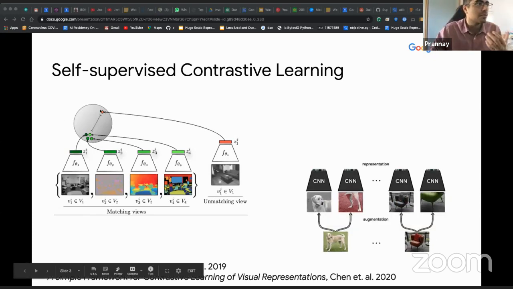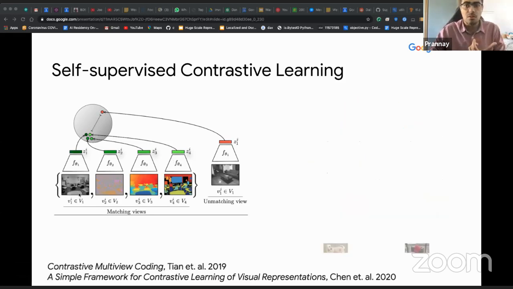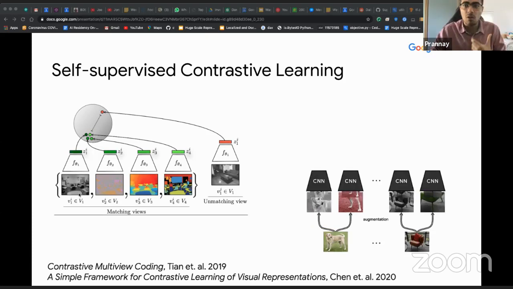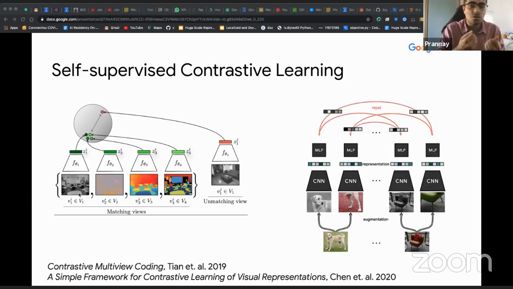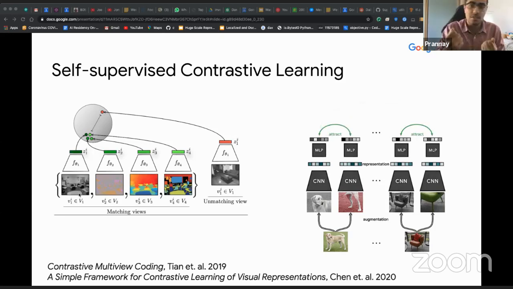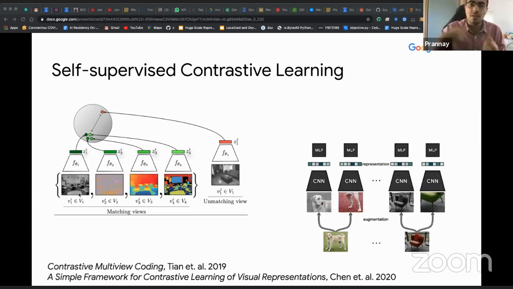The representation space is shared, while the encoder networks will be different. And you do this for a single image. So you have, let's say, 4 representations corresponding to one image, and then you try to pull them together, while you push representations from any of these networks for a different sample apart. And so this is a completely unsupervised way of learning representations in a contrastive learning setting.